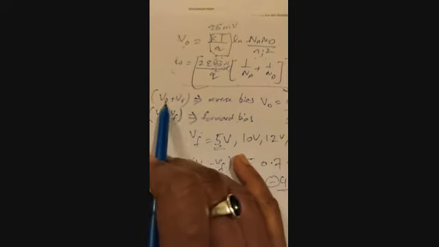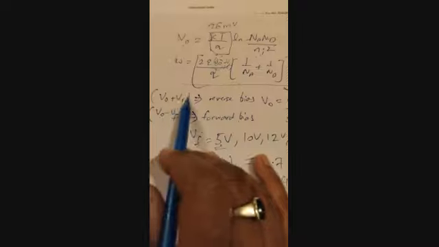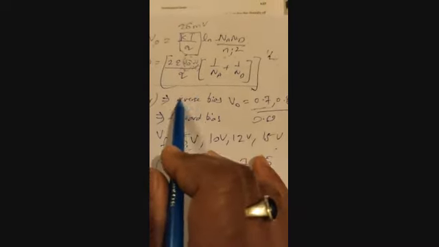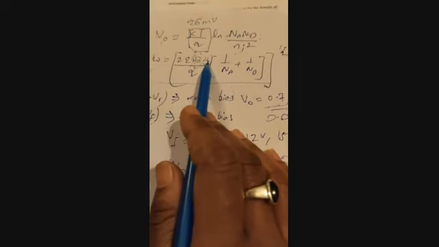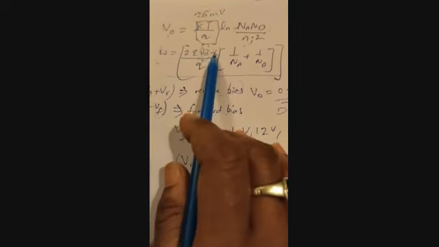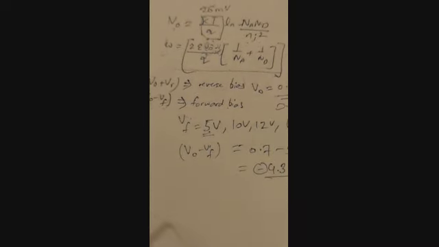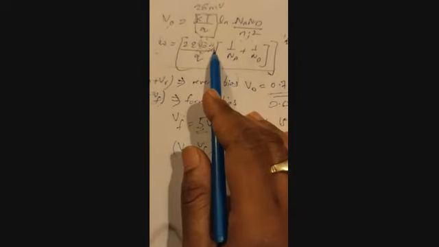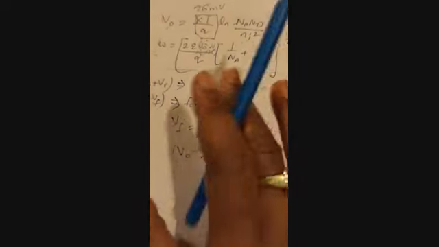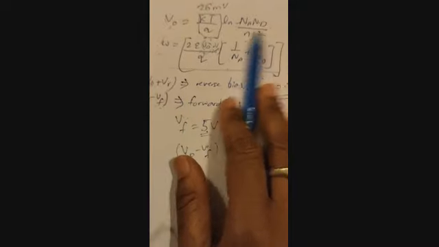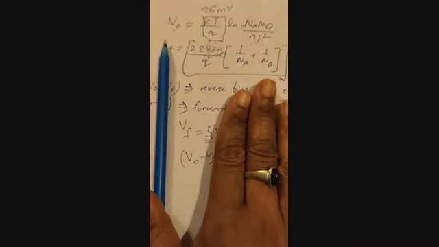In reverse bias, I will add to V naught: V naught plus Vr. So you cannot change this quantity. From this value, if I calculate V naught minus Vf, it shows that the width will shrink, but the mathematics is not available with this expression.